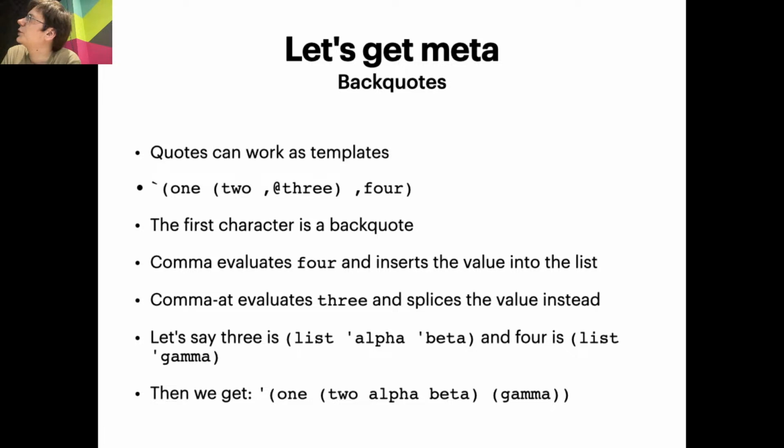And then we also have this prefix before the symbol 3, which consists of a comma and an at character, and then we have a prefix before the symbol 4, which is just a comma. So now I'm going to explain what it all means.